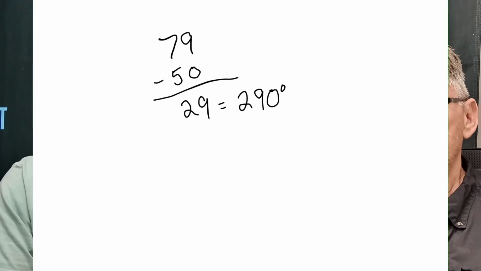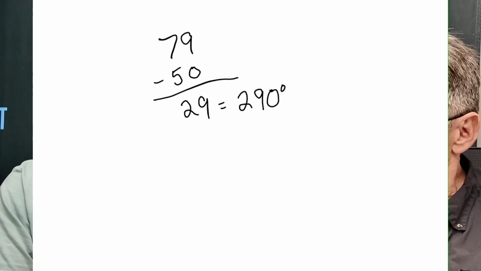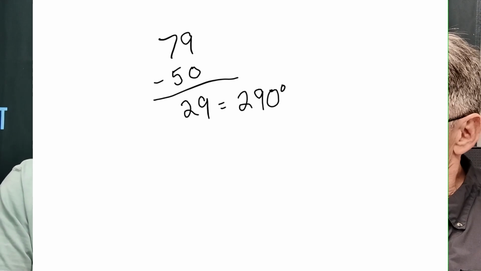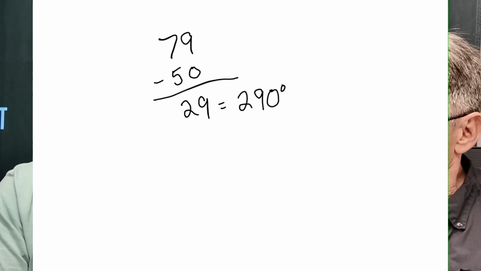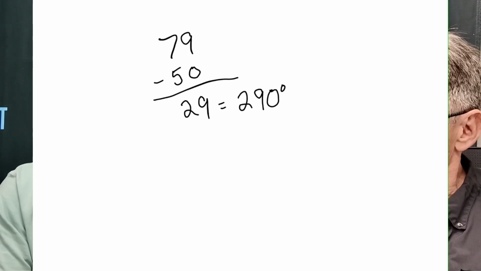What's 79 minus 50? 29. So that wind is 290. The middle two numbers are 00. You add 100 to whatever that number is. 0 plus 100 is 100. So it's 290 at 100 knots, and again, we're above 24,000, with a temperature of negative 58 degrees.